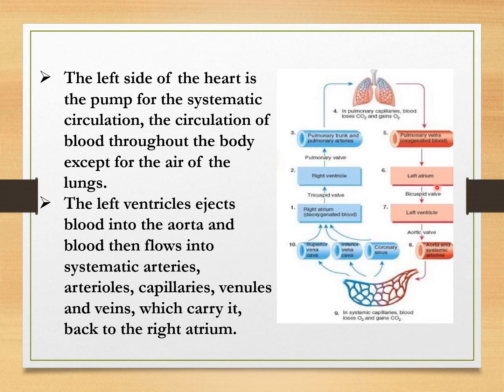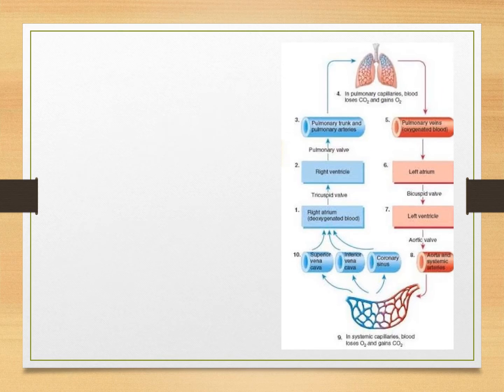The oxygenated blood from the left atrium flows into the left ventricle, and it ejects the blood into the aorta, and the blood flows into the systemic arteries, arterioles, capillaries, veins, which carry it back to the right atrium. Then, the right side of the heart consists of the deoxygenated blood, and it pumps for the pulmonary circulation.